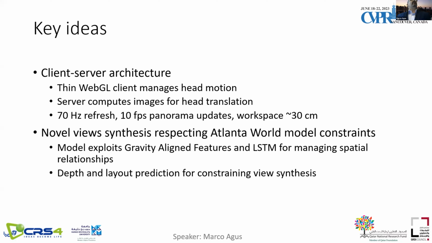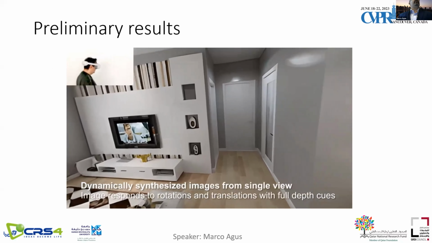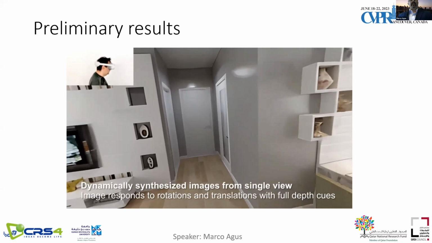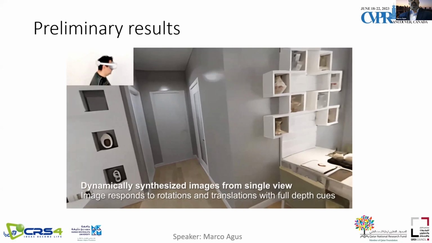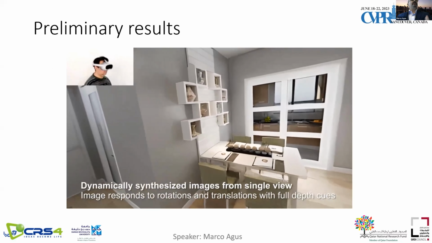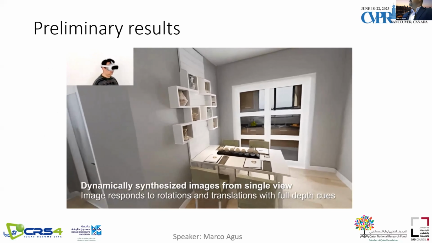The proposed solution is also based on depth and layout position for constraining. And this is a very short preliminary result of how the system works and how it generates a novel pose in which you have the depth cues related to the scene.